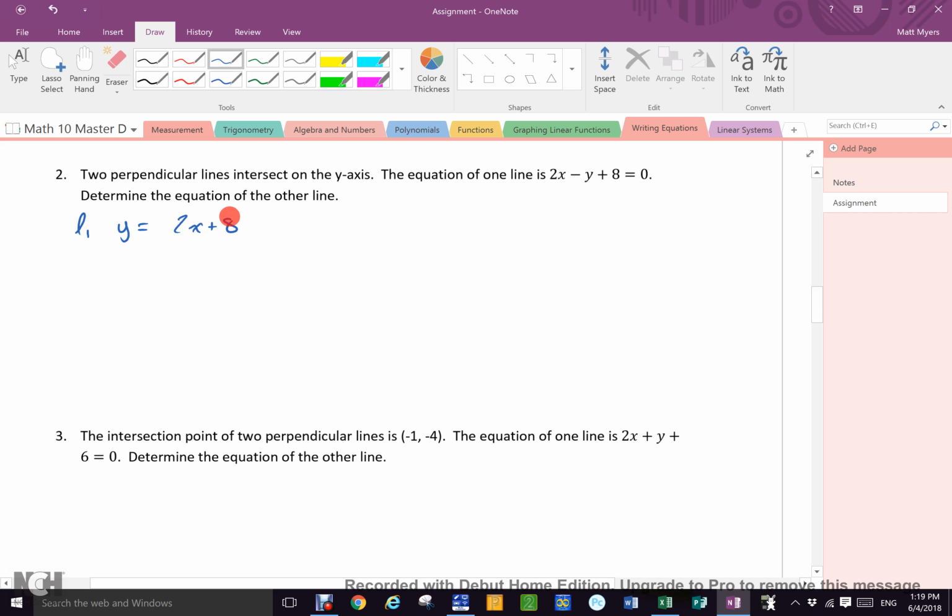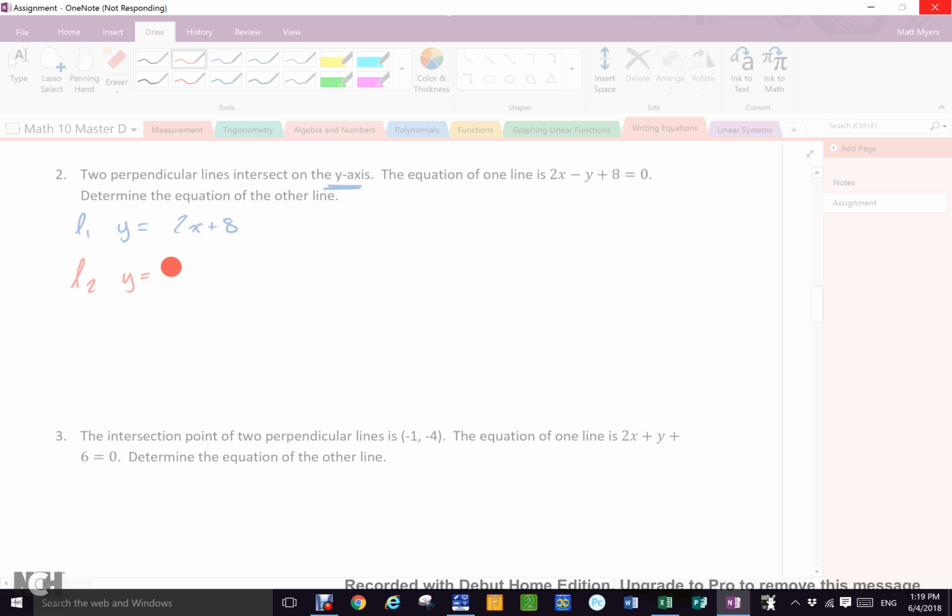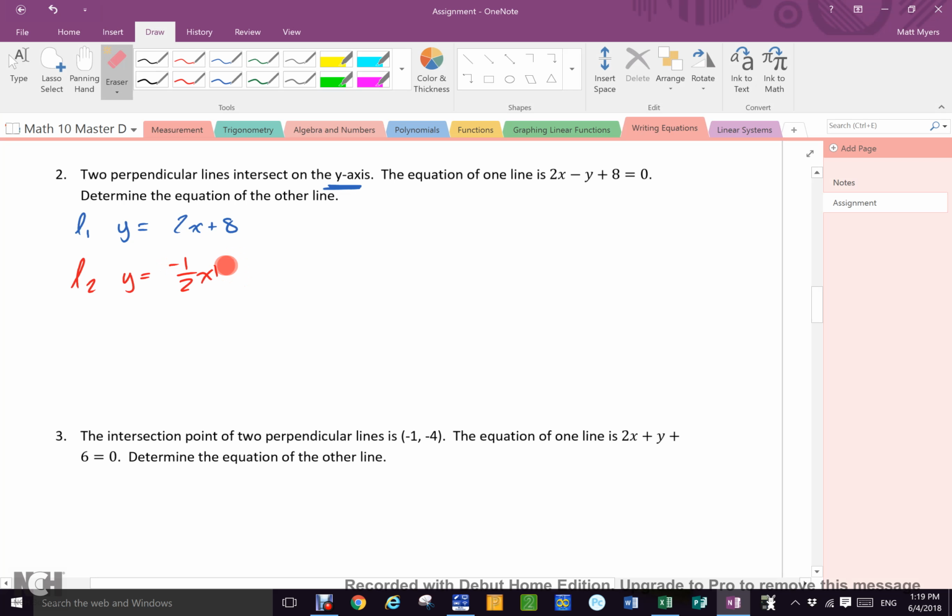You know the other line intersects it on the y-axis. So line 2 is perpendicular, so it must be negative 1/2 x. And since it intersects at the same spot, it must be plus 8 for 2 marks.